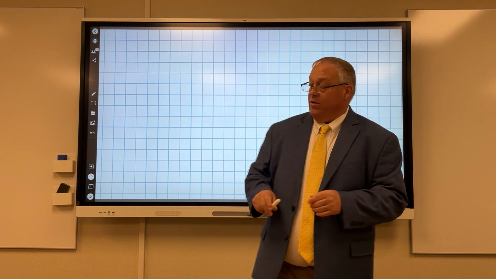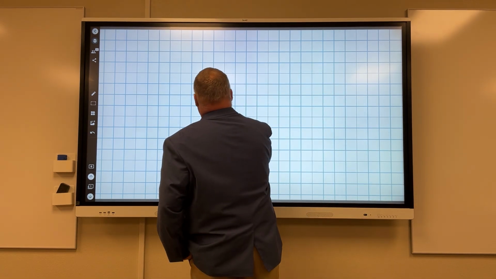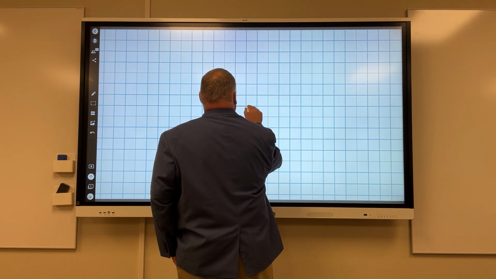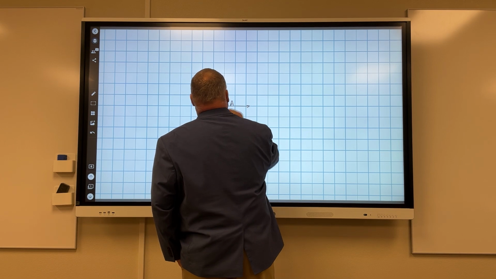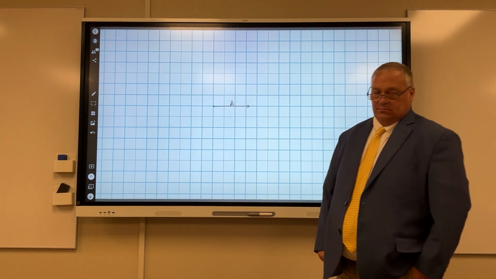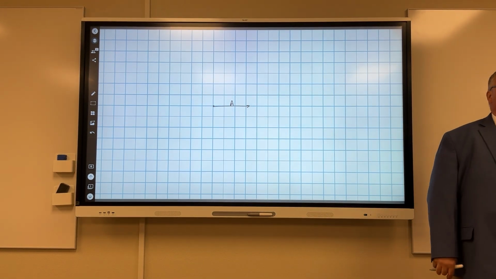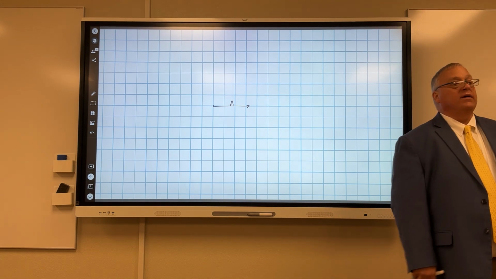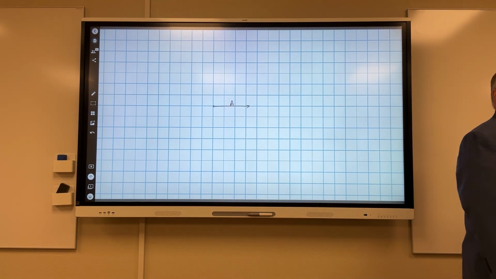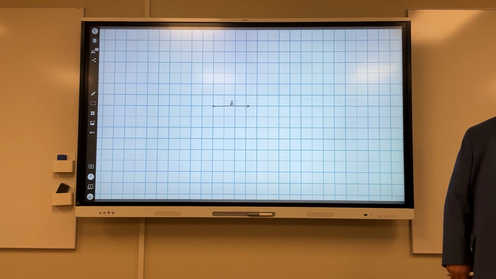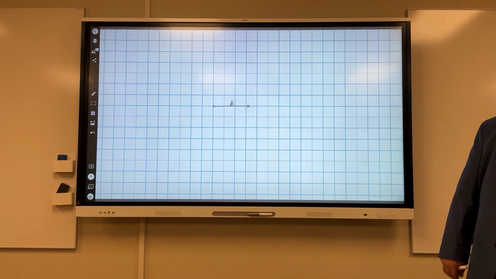So let's start off with a vector, okay? This is vector A. What can you tell me about vector A? Lies on the x-axis. Okay, we're gonna assume that it lies on the x-axis.